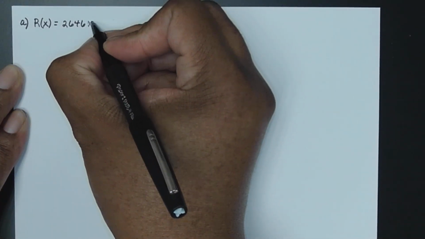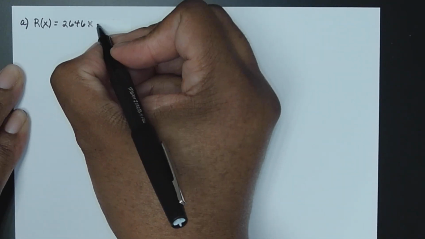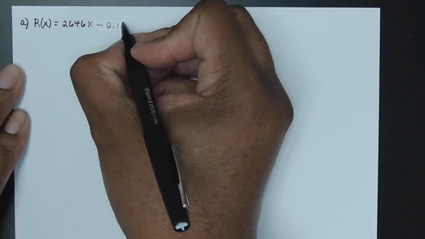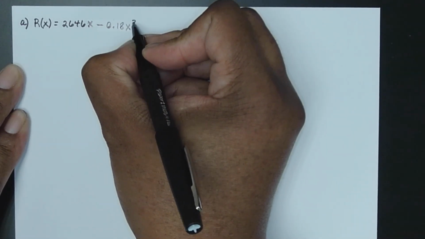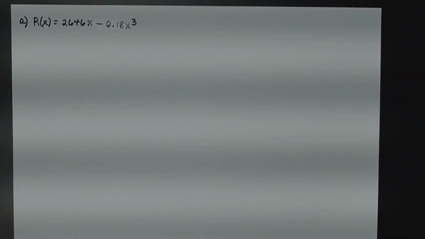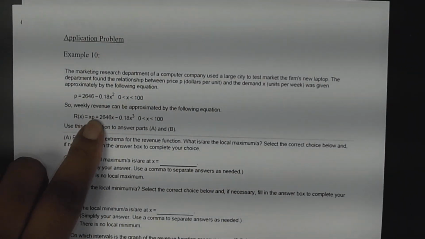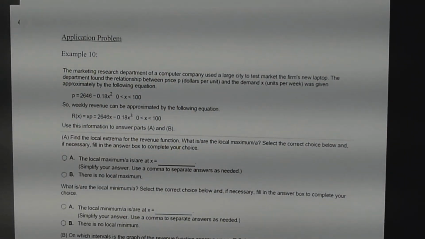Okay, I left out the X here, so it'd be 2,646x minus 0.18 x cubed. Okay, here they want the weekly revenue. Okay, and we're dealing with the revenue function here, by the way, in part A.